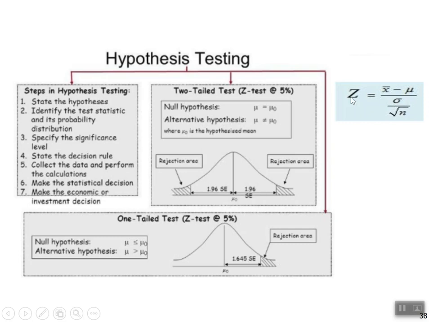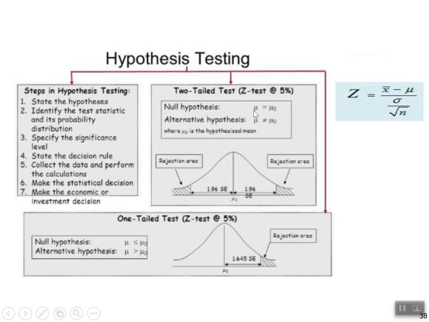If our z-score, after computing our sample mean against the population mean, the population standard deviation, and the sample size, falls in either of those little areas, then we would reject our null hypothesis.